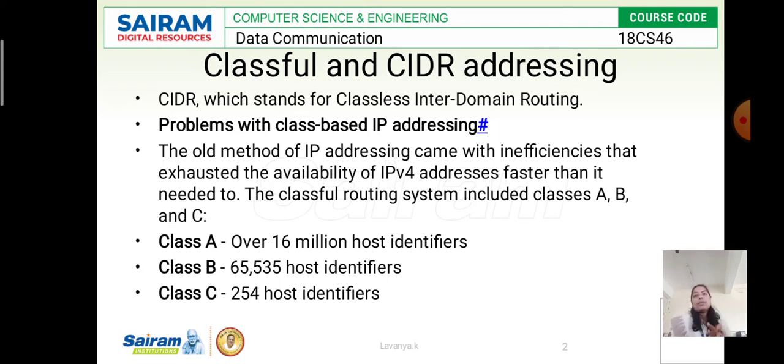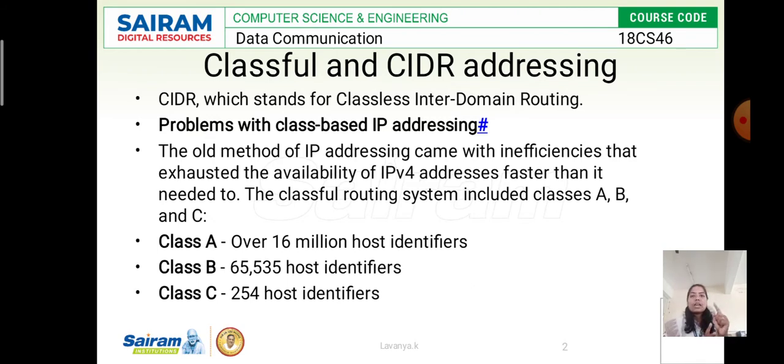The problem commonly occurs when an organization requires more than 254 host machines. Therefore it cannot fall into class C, but must use class B rather than class C. This means the organization would use a class B address even though it needs far fewer than the 65,535 hosts, so it is left with around 2,500 extra host identifiers.